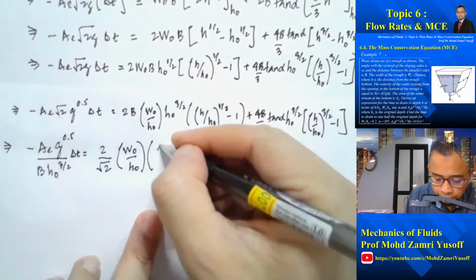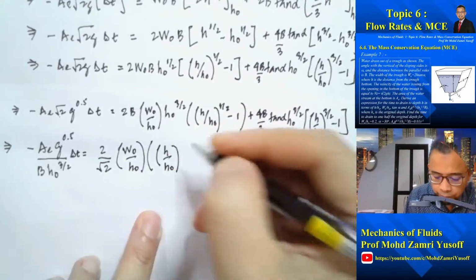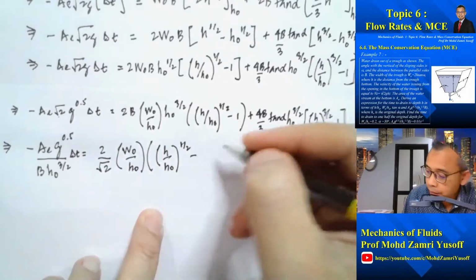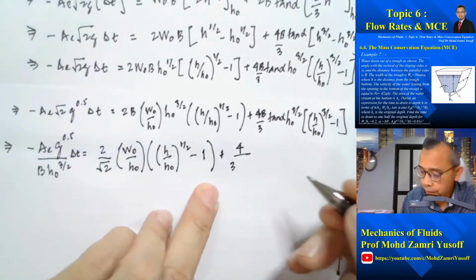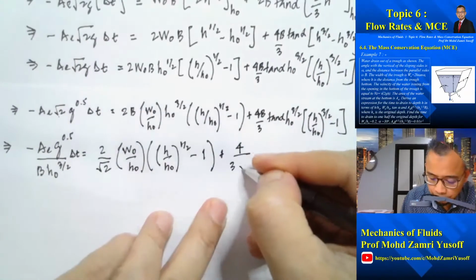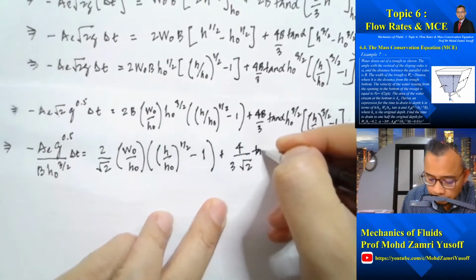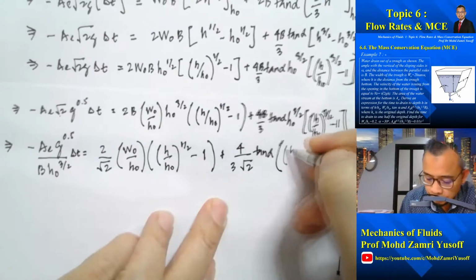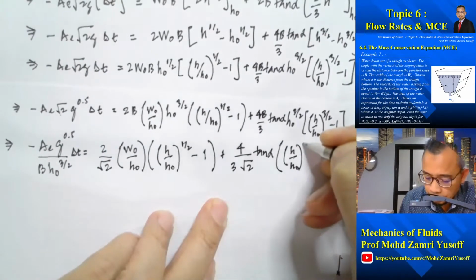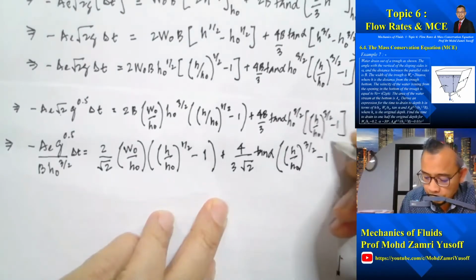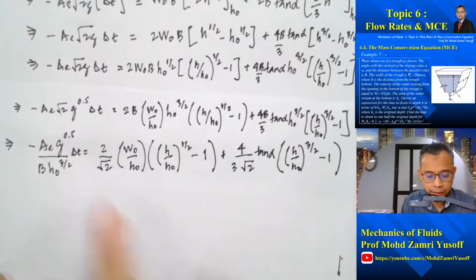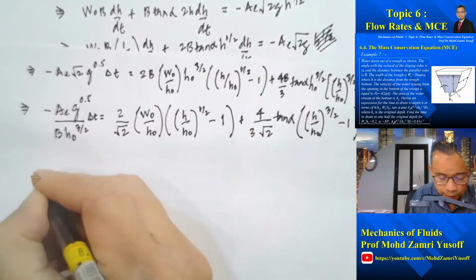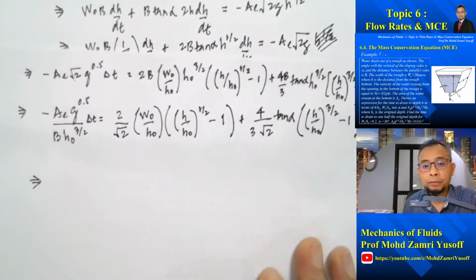Then this part here, h over h naught to the power half minus 1, plus 4 over 3 root 2 from here, tangent alpha, and I have h over h naught to the power of 3 over 2 minus 1. So we are almost there. Now I can rearrange to get delta t. This gives me an expression for delta t in the form required by the question.